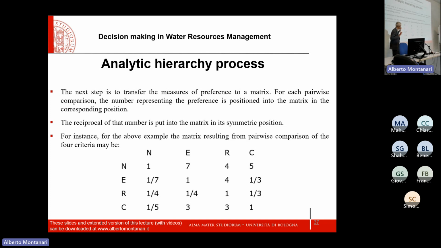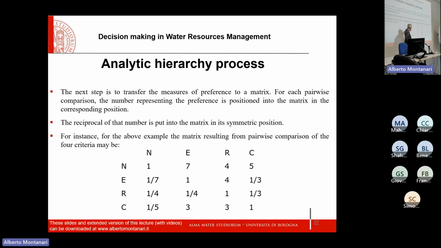So you may also say, in this case, that you are comparing environmental impact with the net benefit, but then I should have put 1/7 here. Okay, because this matrix was built by considering that I am comparing net benefit with environmental impact. You can also take the other direction, but then you have to put the reciprocal here.